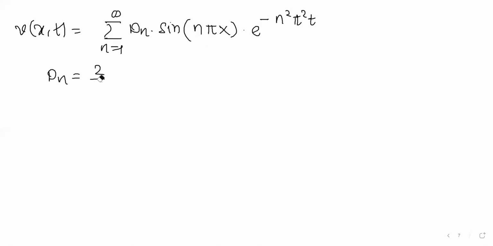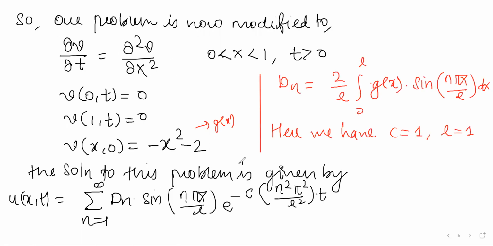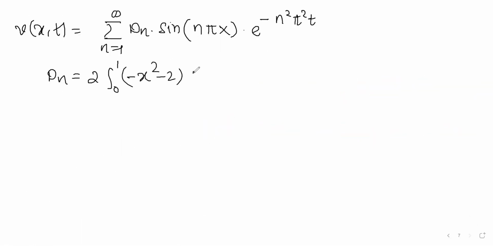I don't need over l, so it will be just simply 2 into the integral from 0 to 1, and then g of x is minus x square minus 2. Yeah, minus x square minus 2. That's correct. And then into sine of n pi x dx.